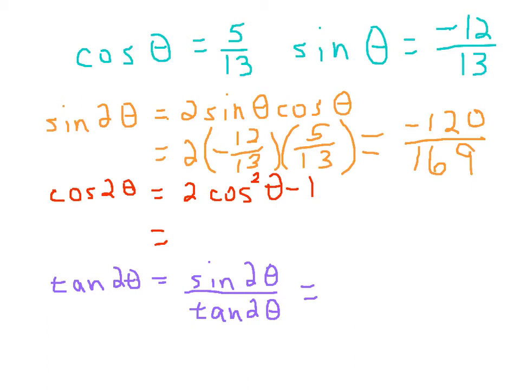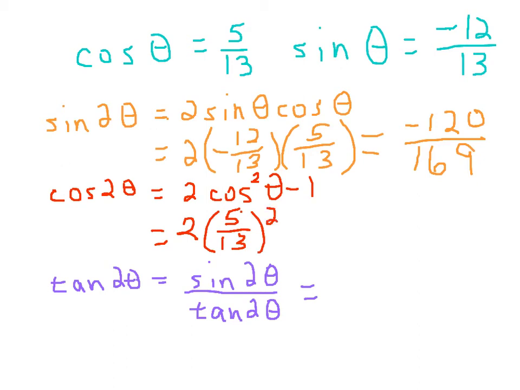Cosine of twice the angle: let's do the same type of substitution. I've got 2 times cosine squared, so 2 times 5/13 squared, and then I'm subtracting 1.